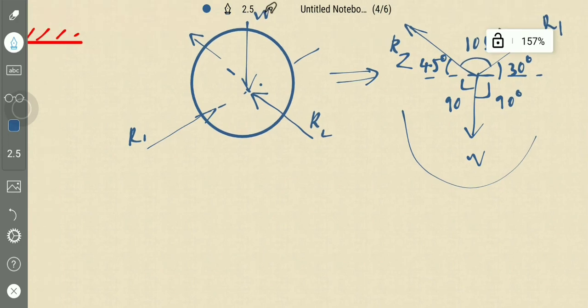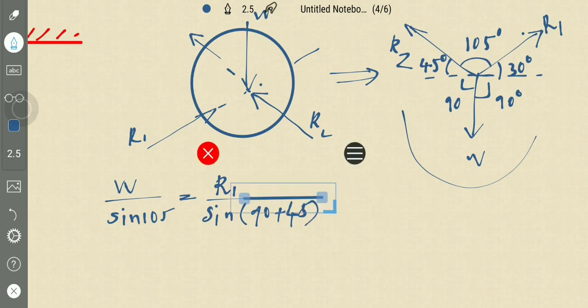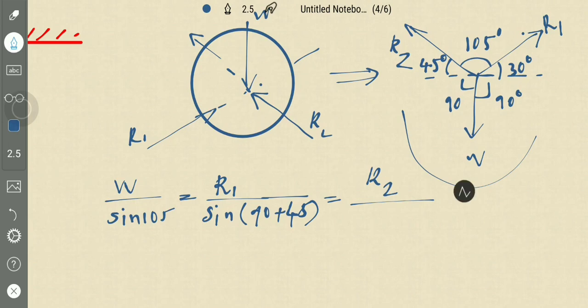So what are the forces? W divided by sine 105 is equal to R1 divided by sine of (90 plus 45), another one is R2 divided by sine of (90 plus 30).